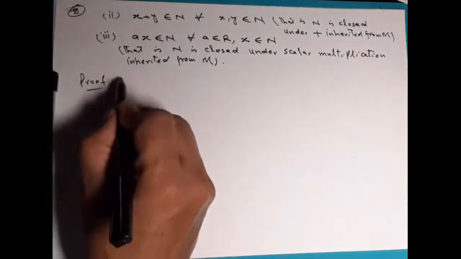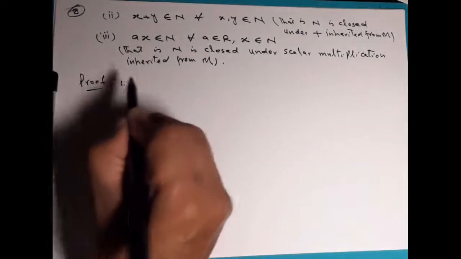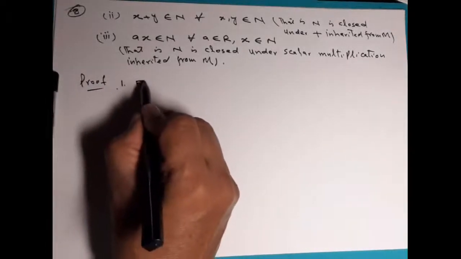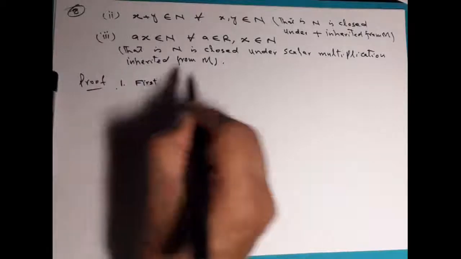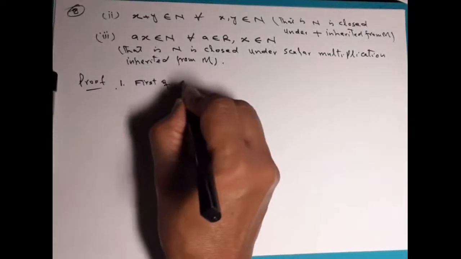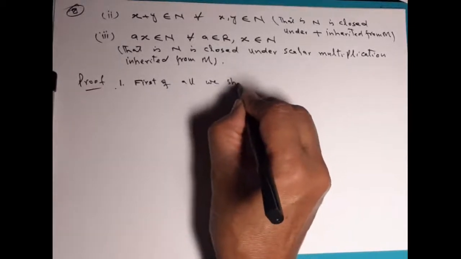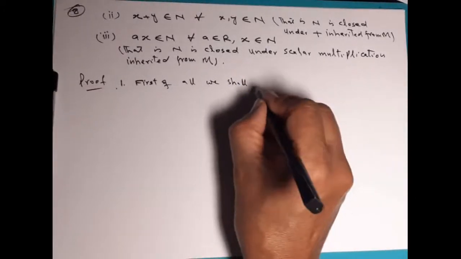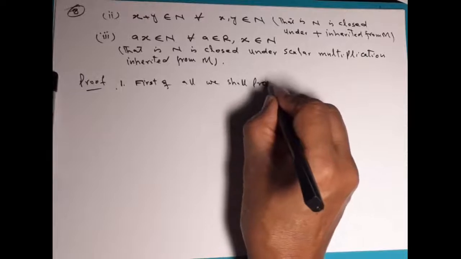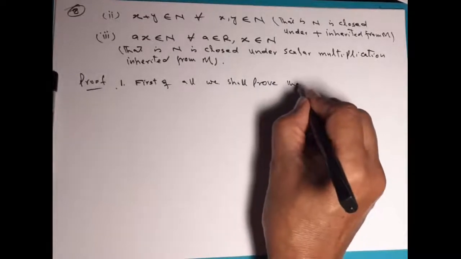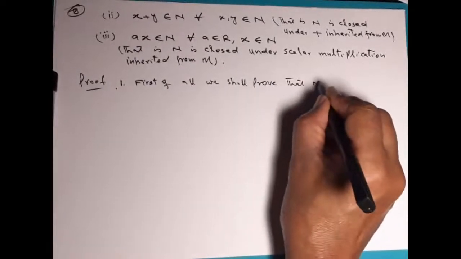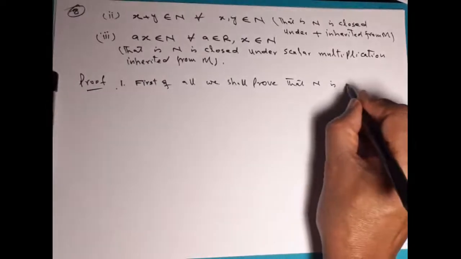So first of all we shall prove that N is an abelian group.